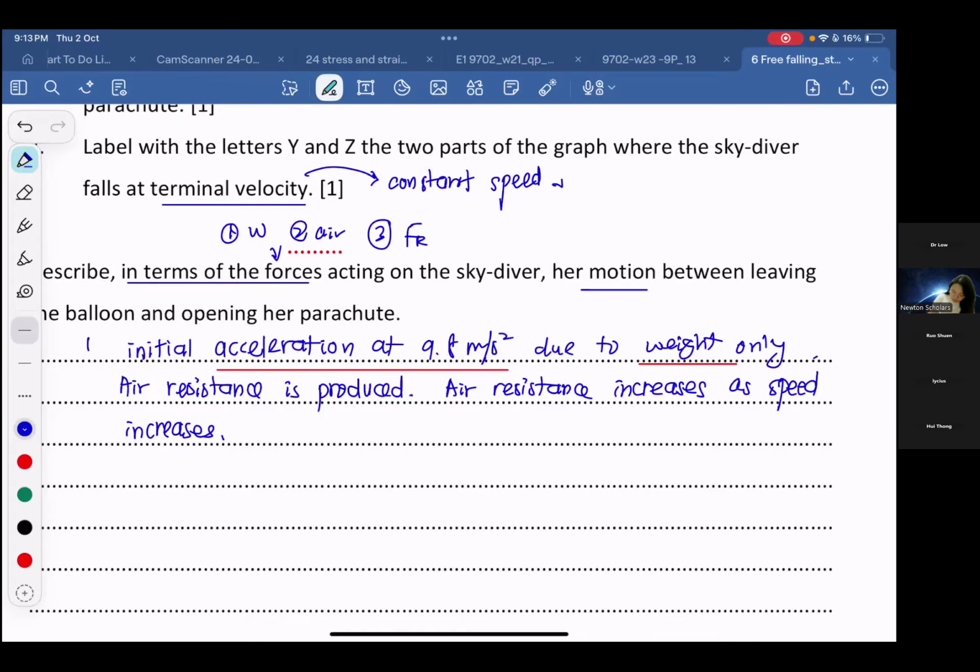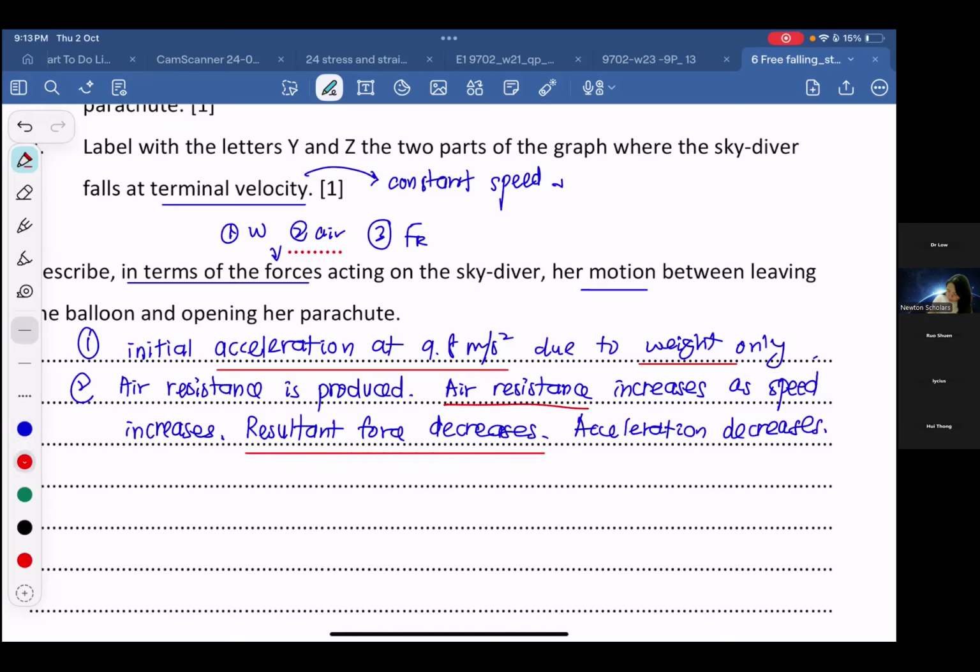So this is number 1, this is number 2, talking about the resultant force. So your resultant force decreases. Describe the motion: acceleration decreases. So at here, resultant force, and we talk about air resistance. So we talk about motion.